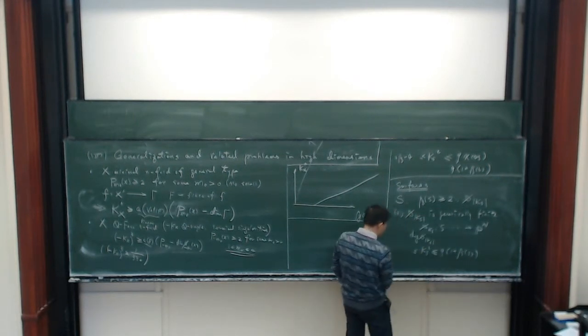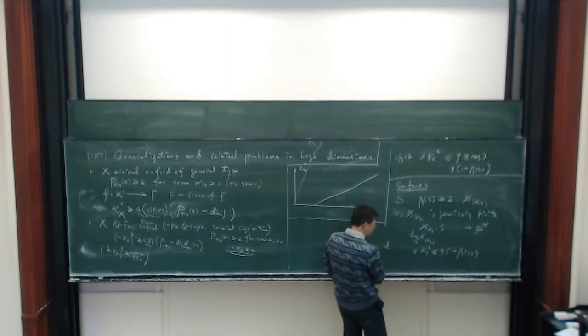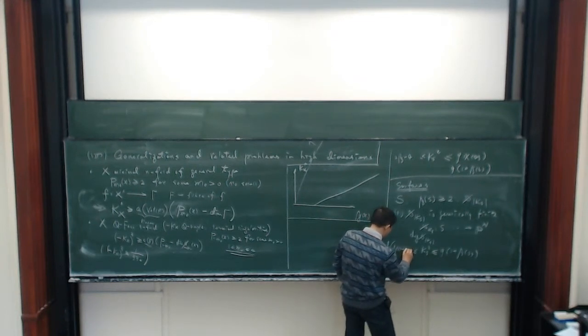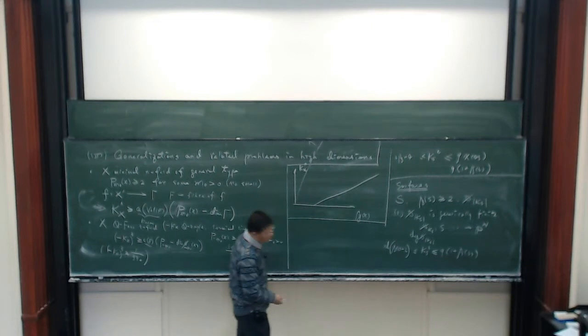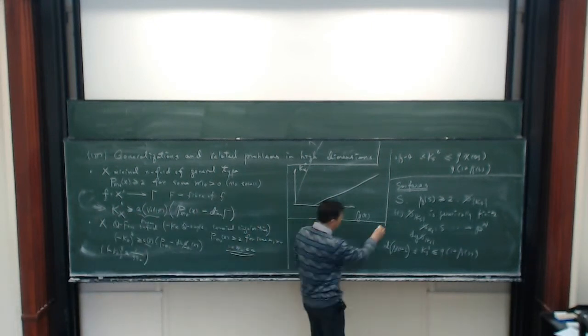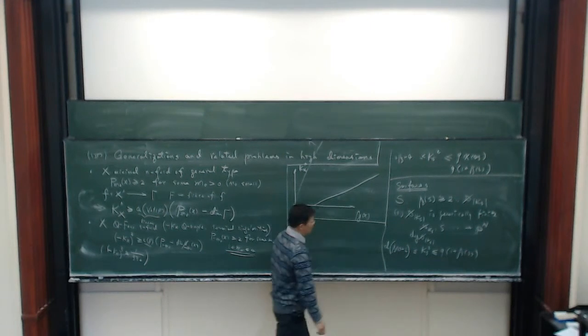On the other hand, it's roughly larger than d, where d means this degree, times p_g minus 2. And therefore, d is bounded. So this is one thing.